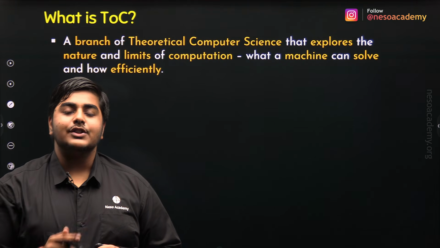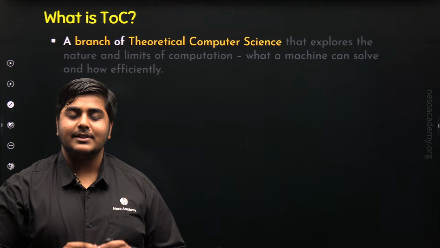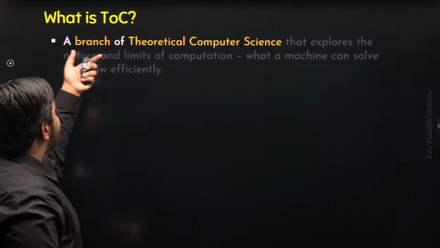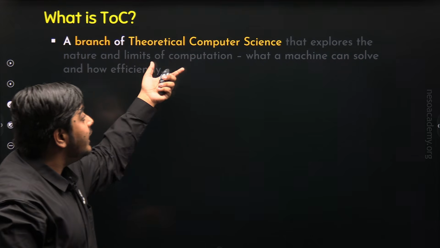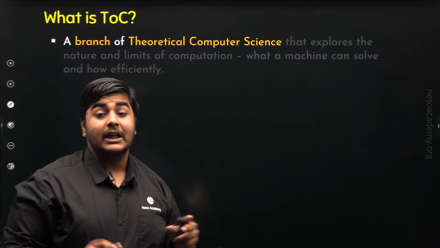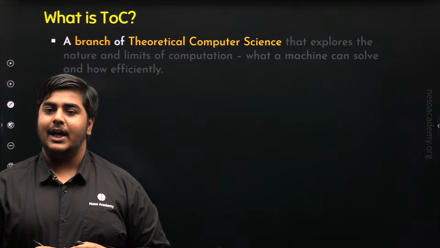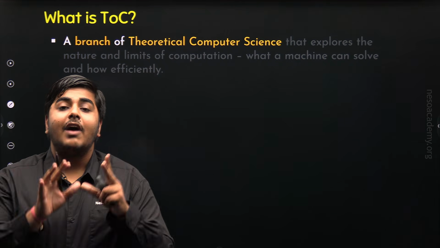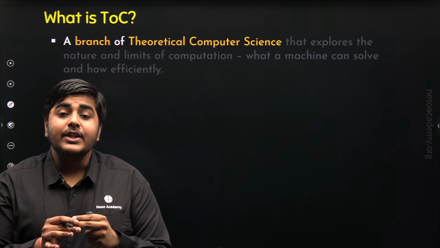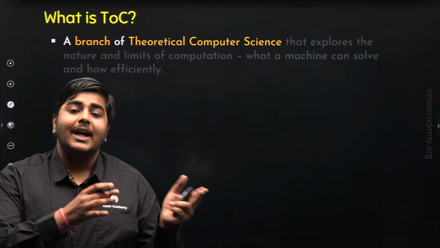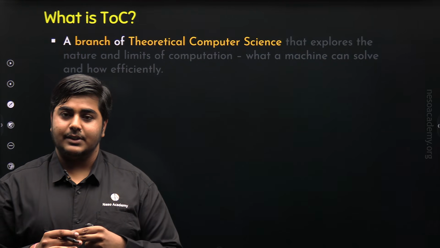Now you have to focus on this line first, which says that TOC is a branch of something called theoretical computer science. Now, what is this theoretical computer science? It is actually a vast area of study in which we talk about the mathematics and logic behind computers.